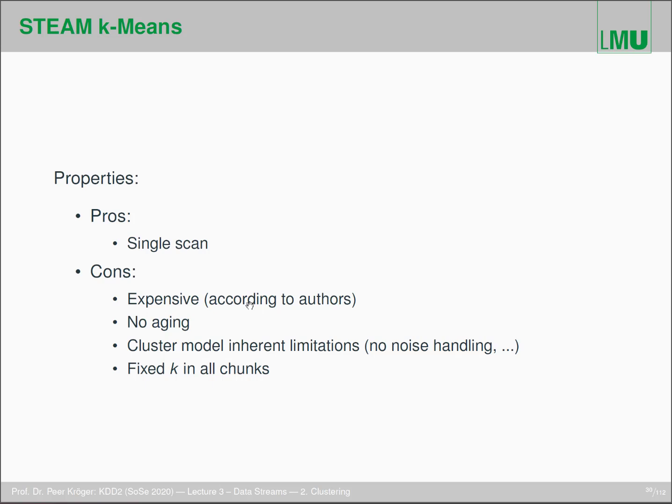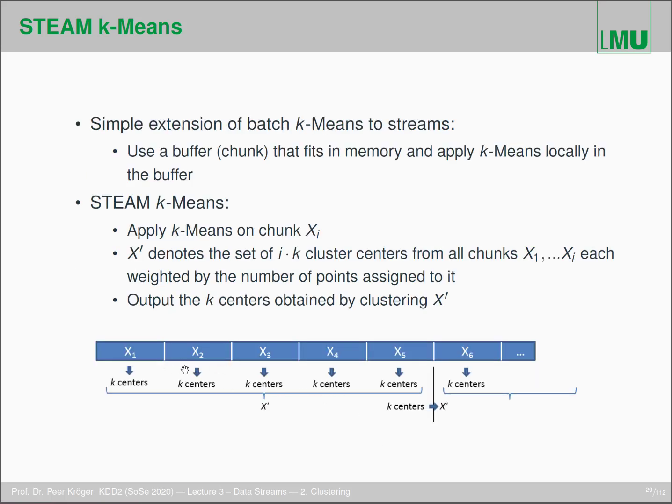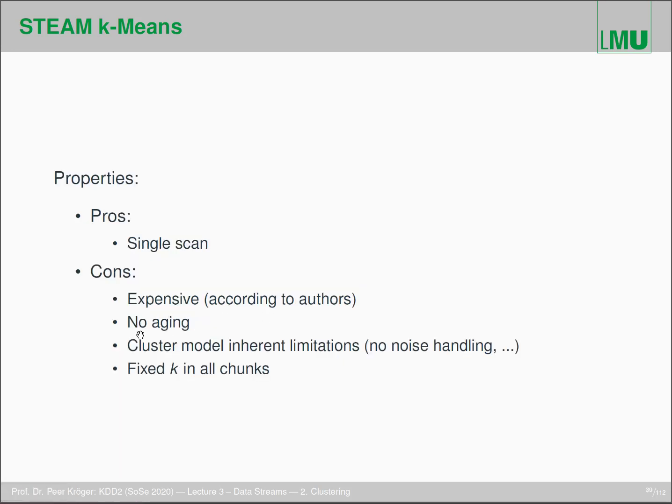So it's interesting that the authors admit that their algorithm is expensive, but the paper is rather old, so the view on that may be a little bit different nowadays. Anyway, in the original idea there's no aging. Of course, you could try to enhance the whole thing and the weighting of the centers from each chunk, also with a kind of decay. But in the original publication, there is no aging.